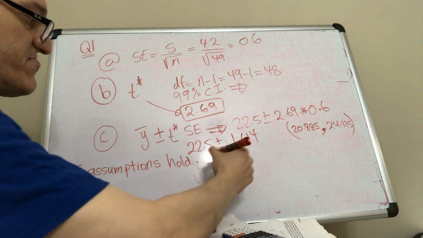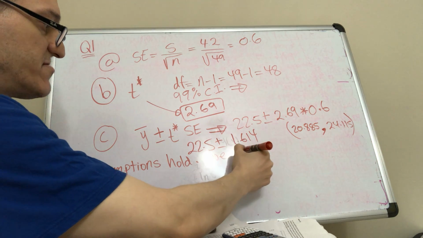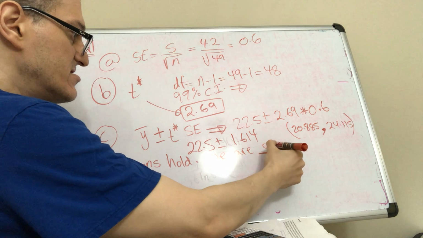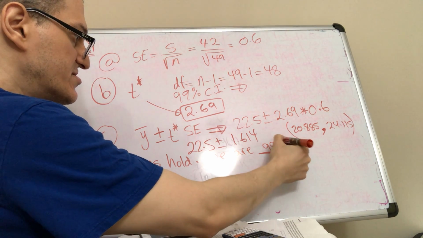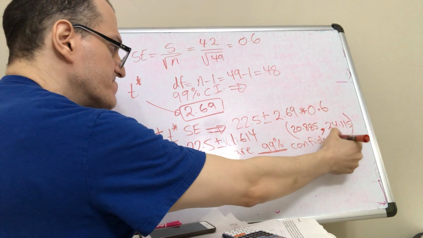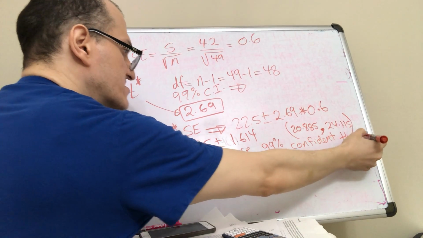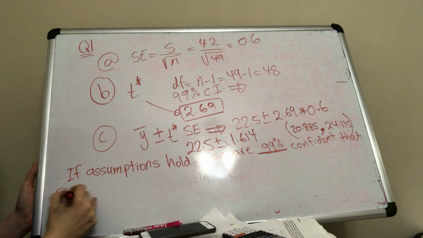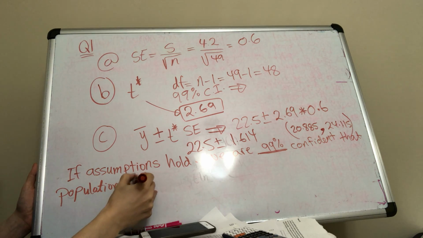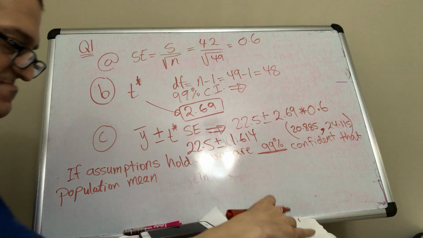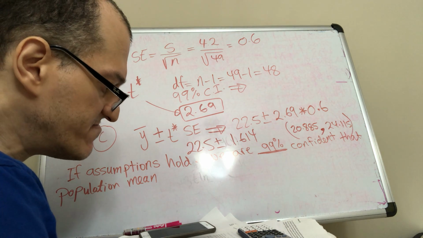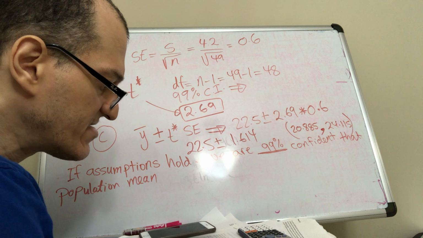This is a 99%, so you say we are 99% confident that the population mean, and you go to the question, the mean provided is what?